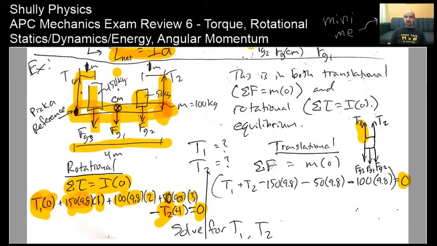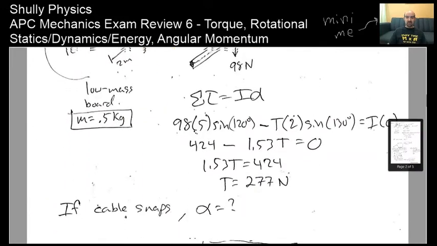So tension 1 plus tension 2 minus all those weights equals 0 as well. Once you know tension 2 from this, we can plug it in over here and solve for tension 1. So there's many ways you can go about it. I recommend getting a torque equation and a force equation using Newton's second law. And that generally solves any scenario you need to look at in rotation.